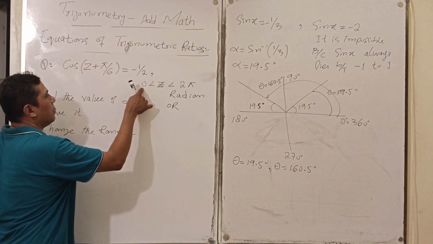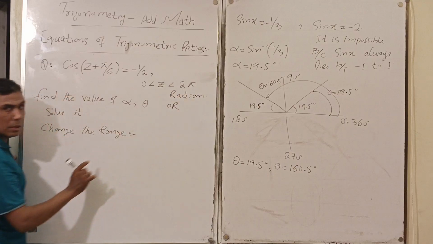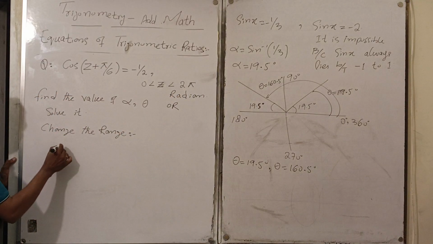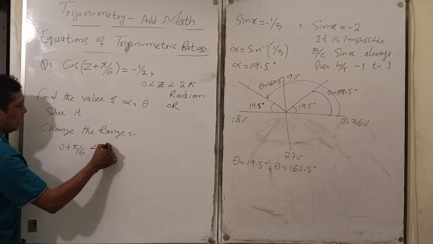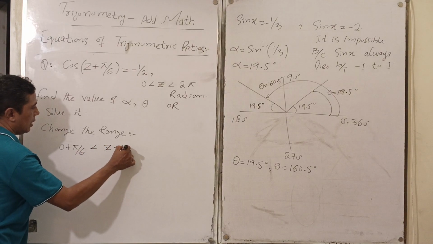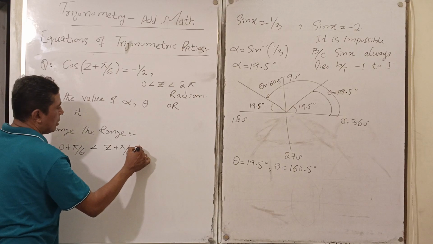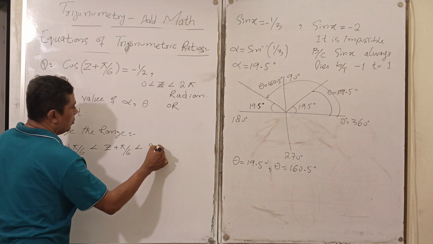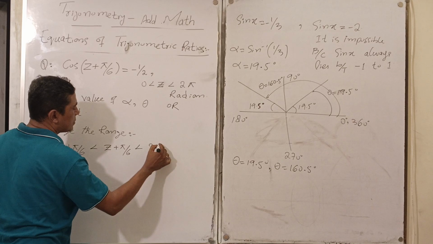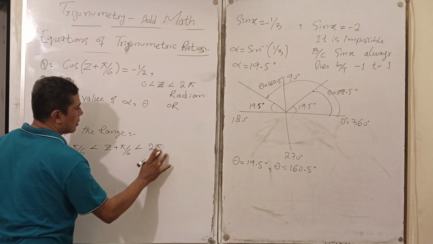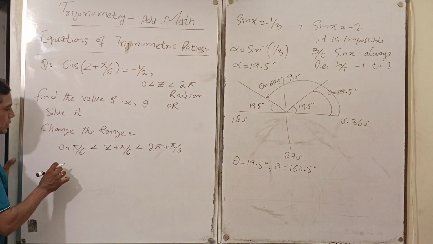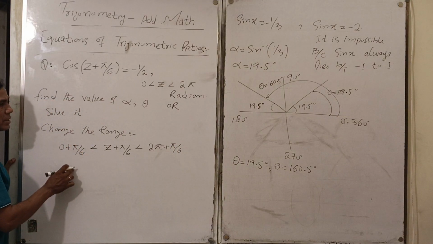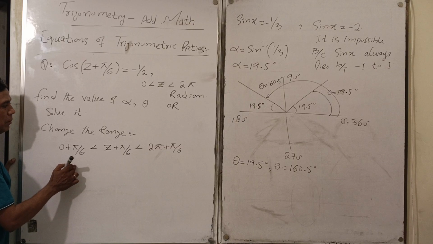Pi by 6 here, pi by 6 here. ठीक है? तो now 0 plus pi by 6 less than z plus pi by 6, less than 2 pi plus pi by 6. To find out the range, pi by 6 is what? Just write there in the decimal values.